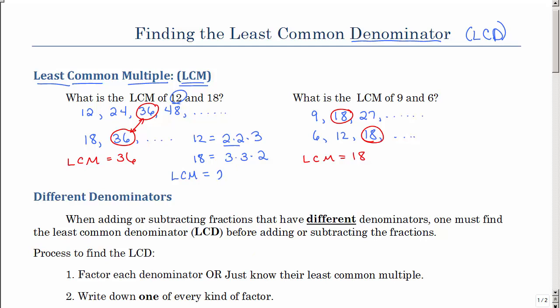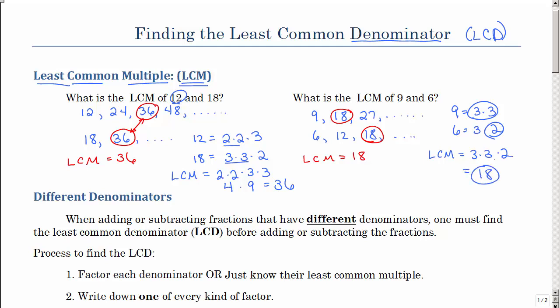Well, they have 2 2's and 2 3's. 4 times 9 is 36. Does that work over here? So 9 is 3 times 3, and 6 is 3 times 2. That's called prime factorization. So for their least common multiple, I would take the 2 3's and the 2, which is 18.